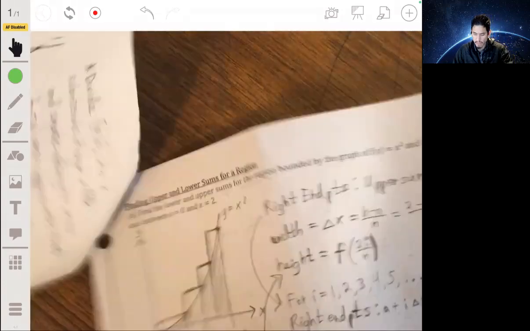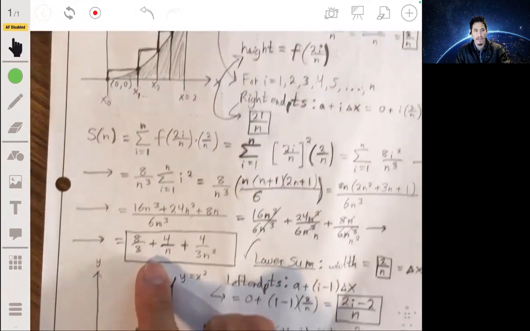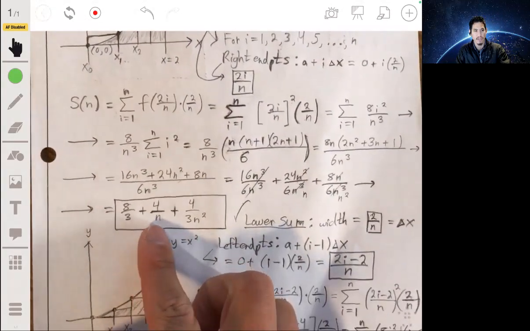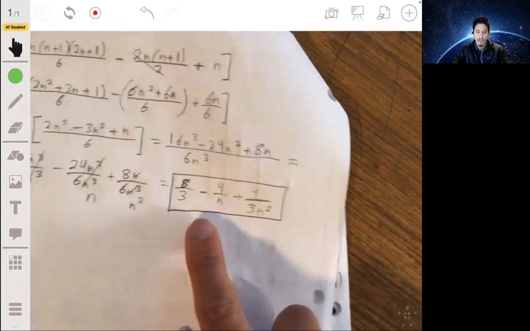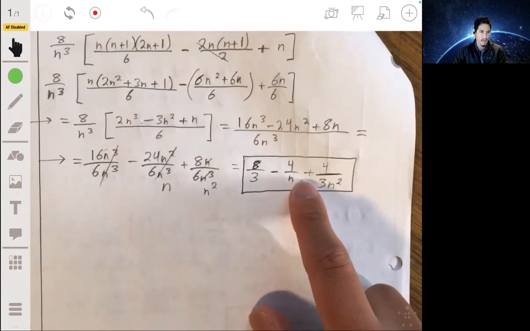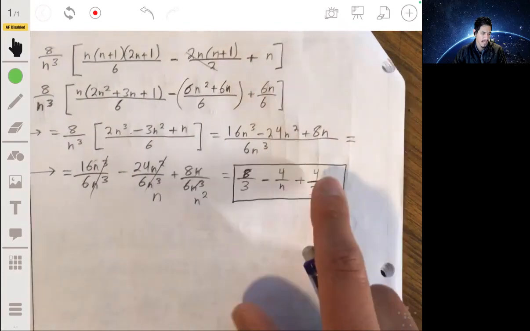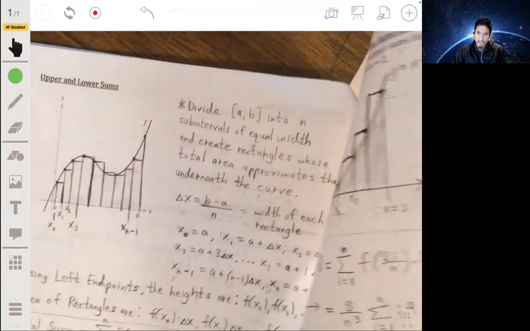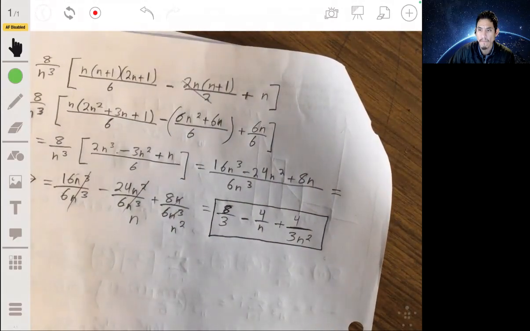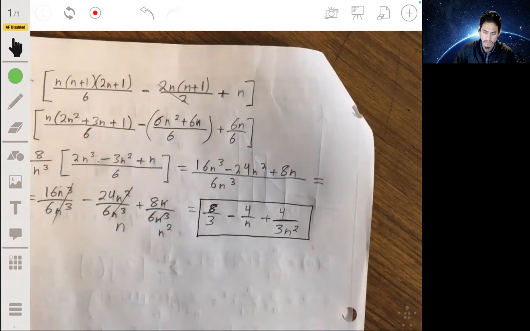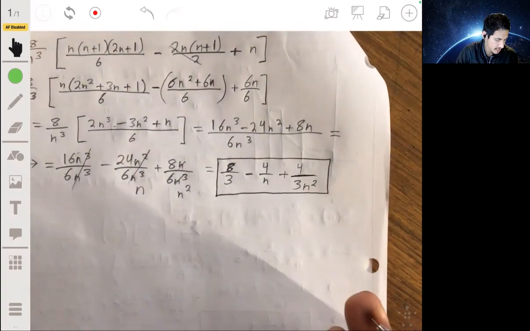The upper sum is found to be pretty similar. It's 8/3 plus 4 over n plus 4 over 3n squared. For the lower sum, that 8/3 is still there, except you're subtracting those parts instead of adding. Now, the idea is this.